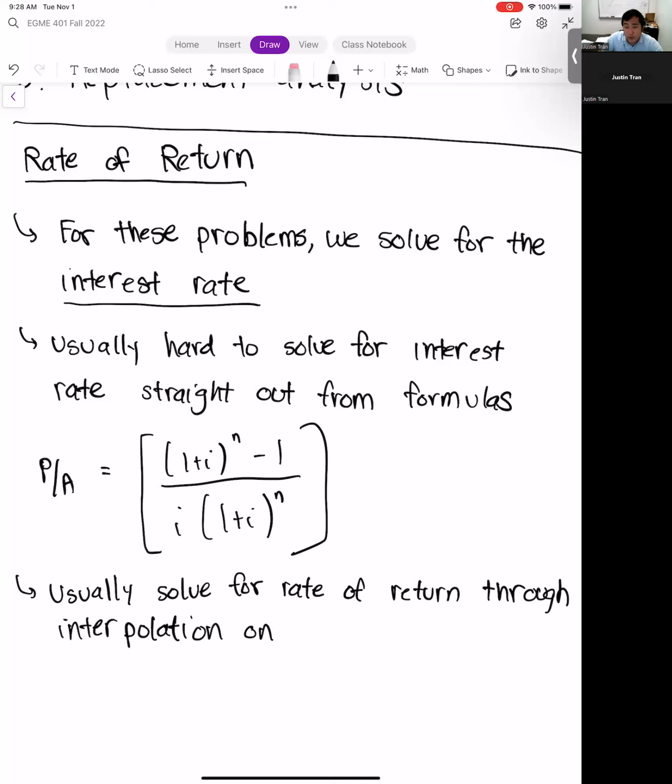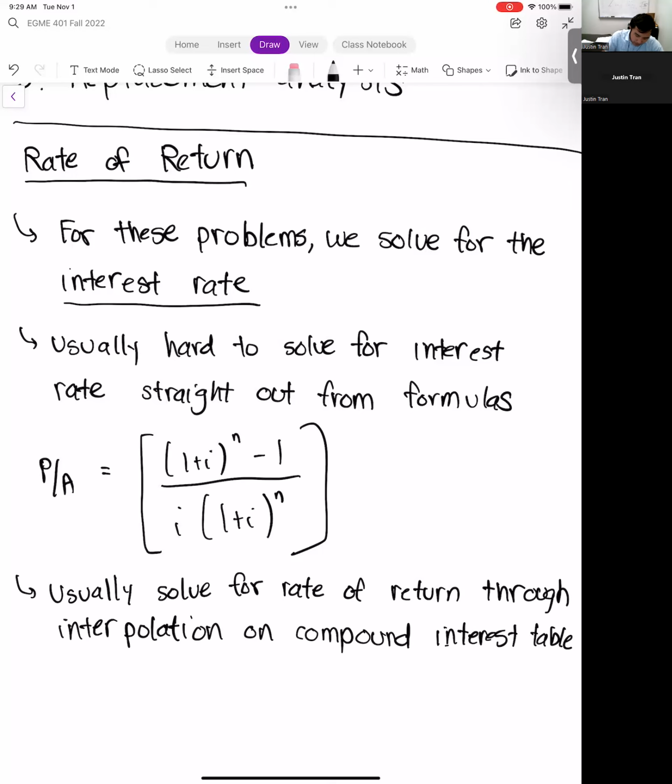And what we're interpolating between is different values on the compound interest table. Okay.